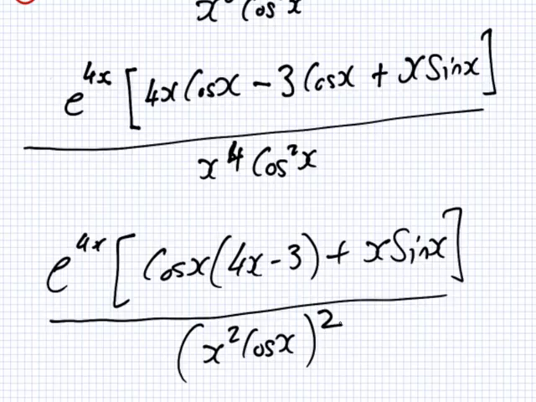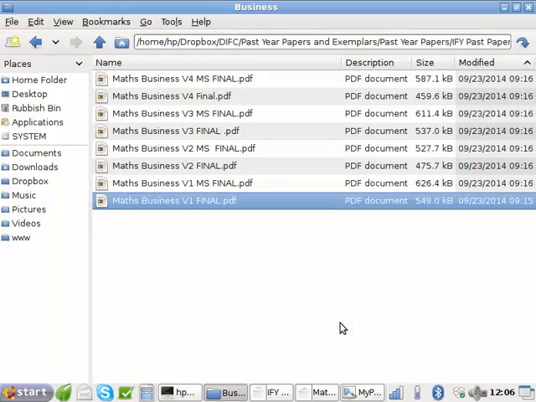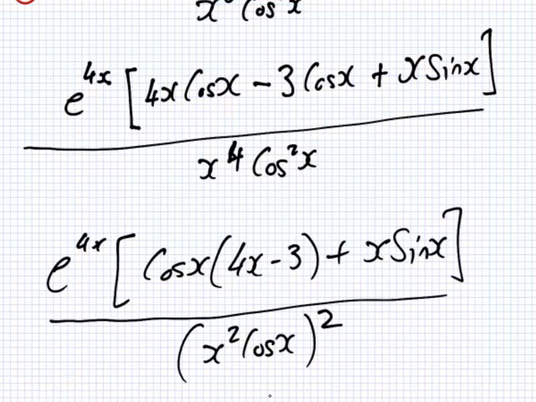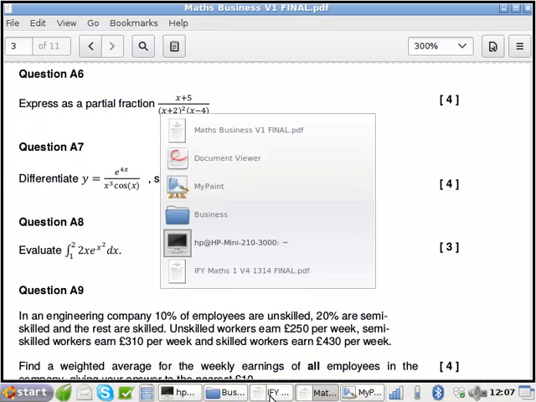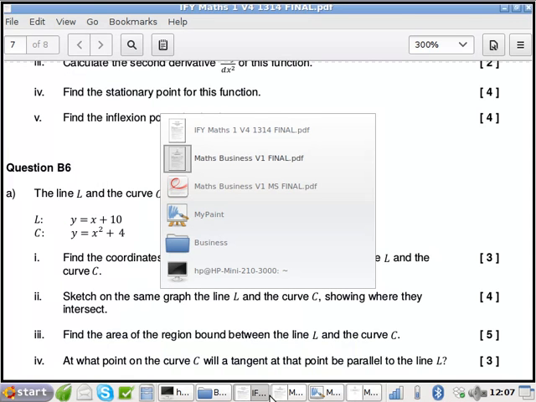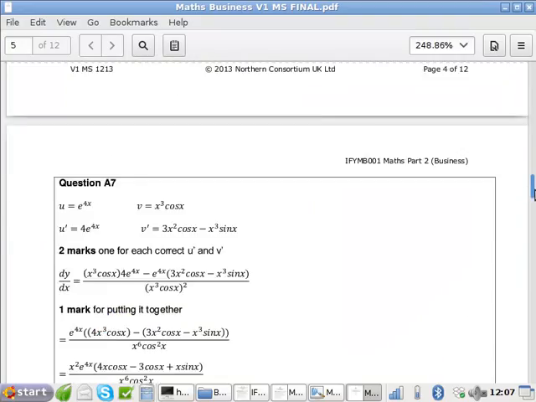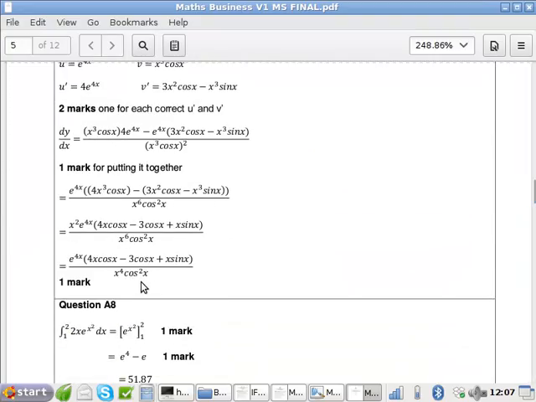Well, let's see what the marking scheme says. This is version 1. What number was it actually? 7, okay. Yeah, I did more than I needed to. I didn't need to take the cos x out, and they didn't put the square back here.